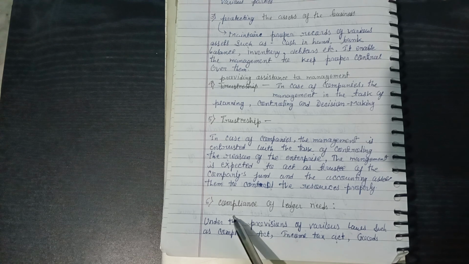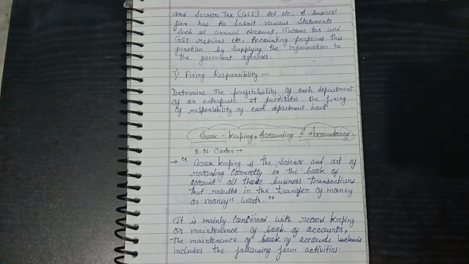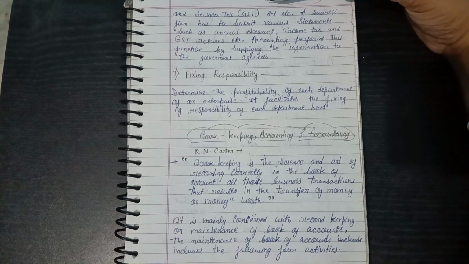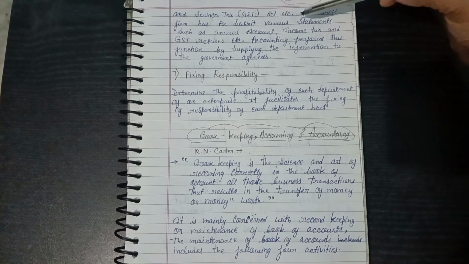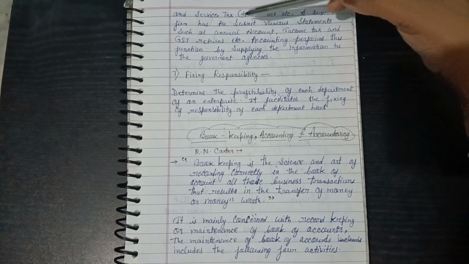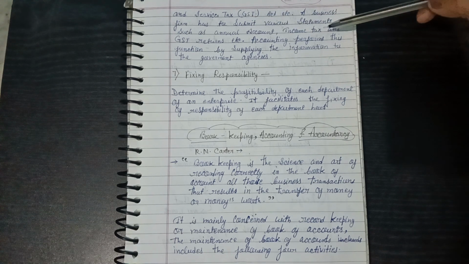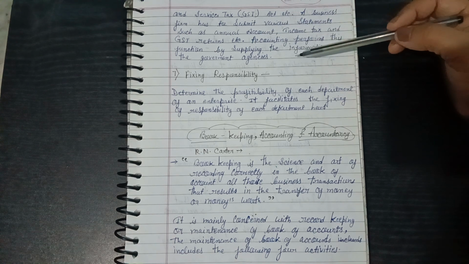Next point is compliance of legal needs. What is the meaning of compliance of legal needs? Under the provision of various laws such as the Company Act, Income Tax Act, and Goods and Services Tax, that is the GST Act, etc., a business firm has to submit various statements such as annual accounts, income tax and GST returns, etc. Accounting performs this function by supplying the information to the government agencies.